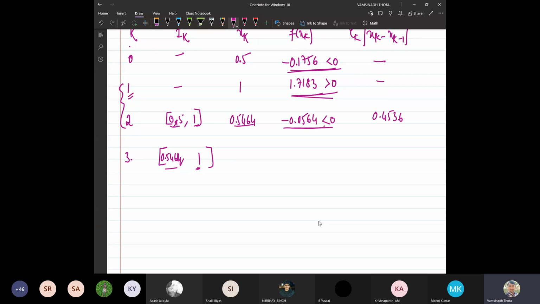Give me what is x3 here? I think we will get something like 0.5608.